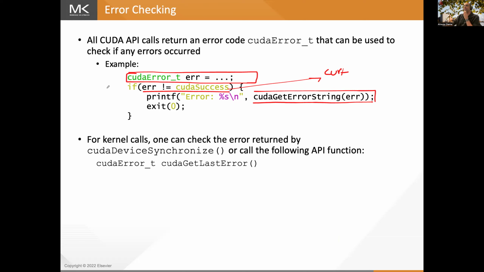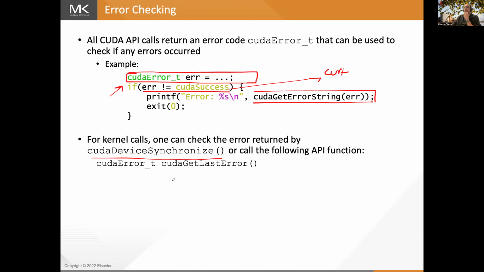However, this only works on the CPU side because, considering cudaMalloc for example, it is your CPU that requests memory allocation on the device. But sometimes you might have some errors within your kernels or within this cudaDeviceSynchronize function or something like that.